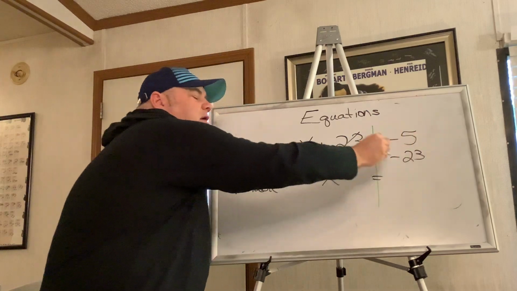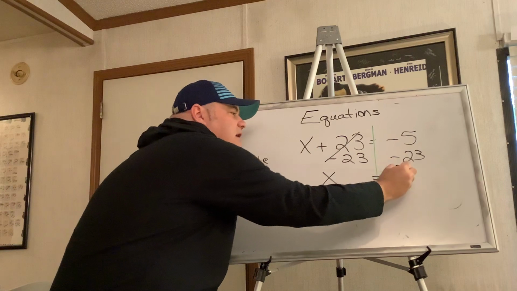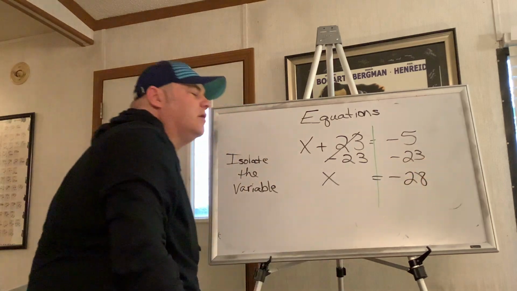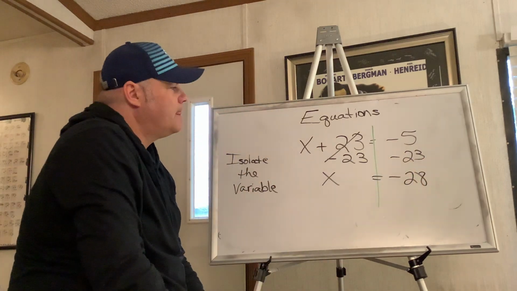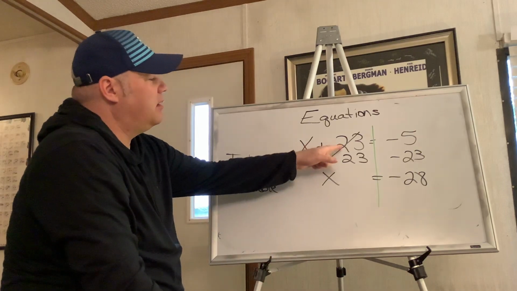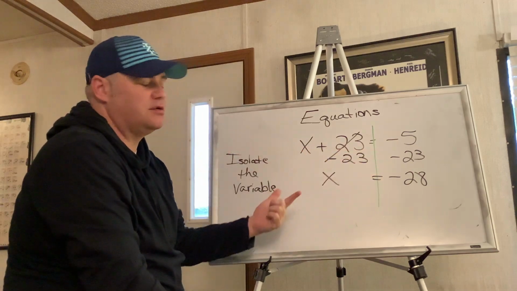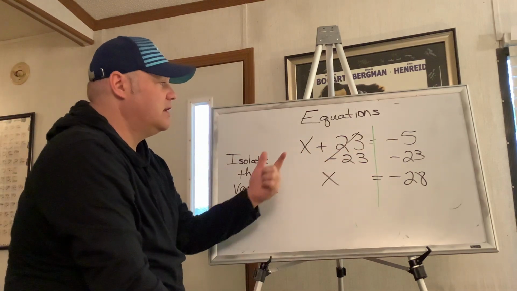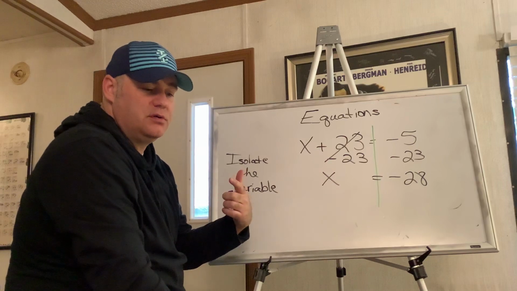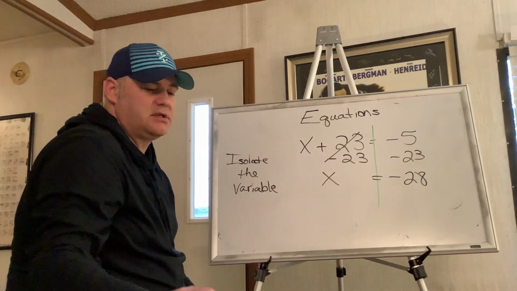And our negative rules teach us that if it's -5 minus 23, it becomes -28. Okay, you're going further down the negative side. So in that case, -28 plus 23 equals -5. I can plug that back in and it's a true statement. So that's a harder one that shows you that you have to get used to this process to be able to solve for that.